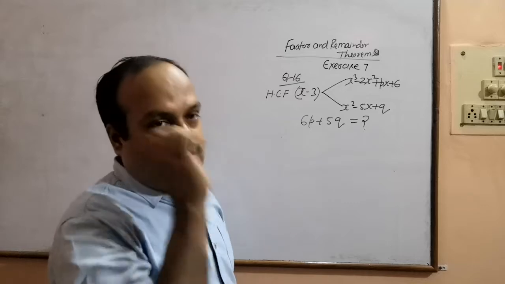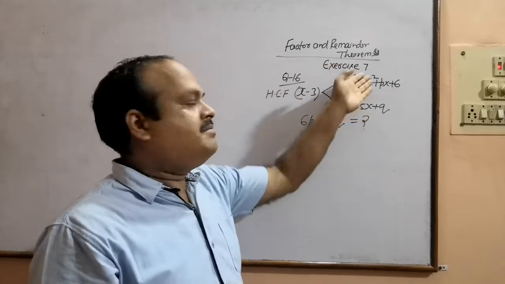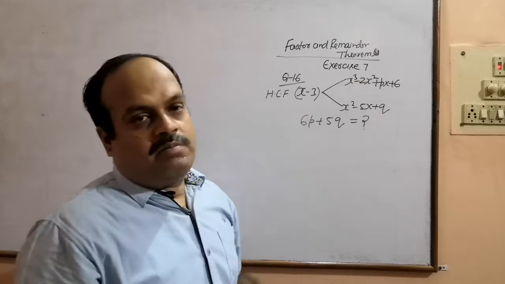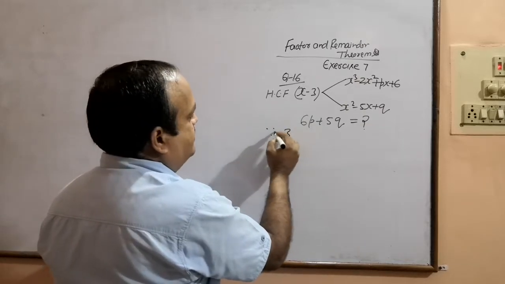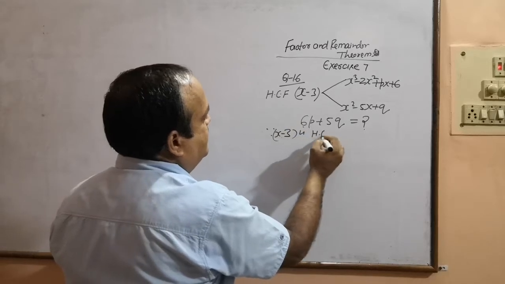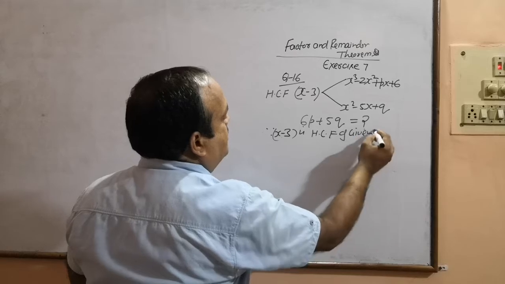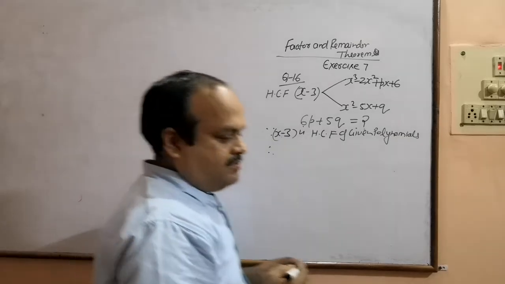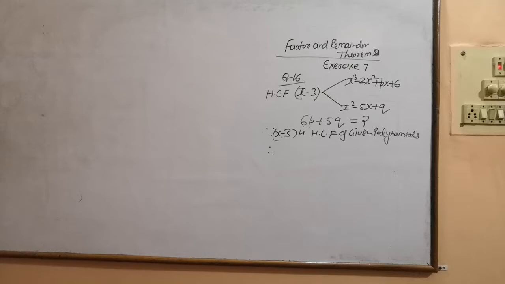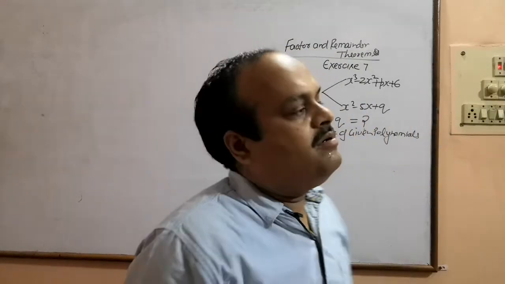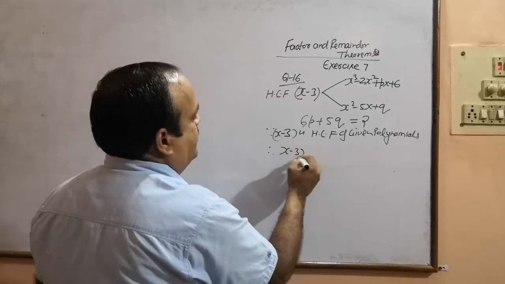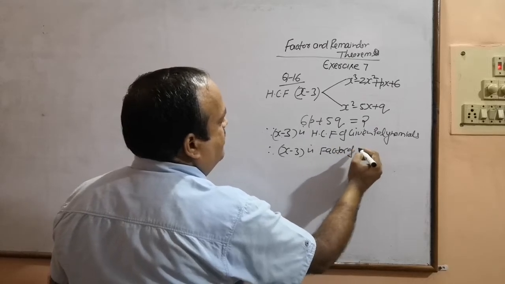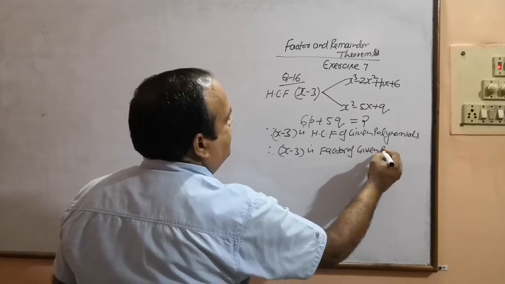So let us first write that since x minus 3 is HCF of given polynomials, therefore x minus 3 is factor of given polynomials.